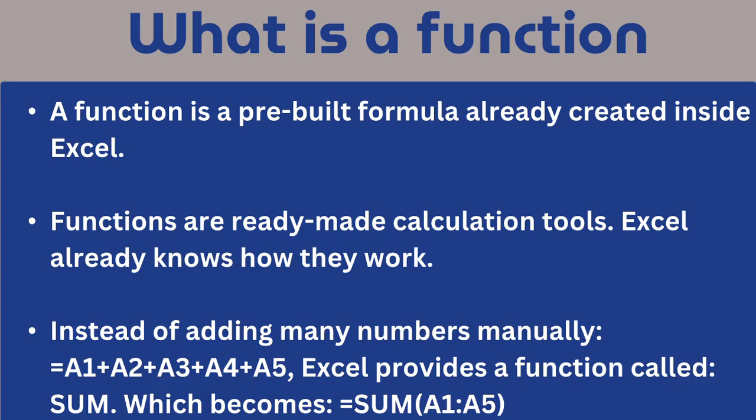It's just like having a calculator. In your calculator, if you say 3 raised to the power of 4, you don't have to start explaining to your calculator what that power means. Your calculator already knows what power means, and how to apply it. So instead of adding many numbers manually, A1 plus A2 plus A3 plus A4 plus A5, Excel provides a function called SUM.